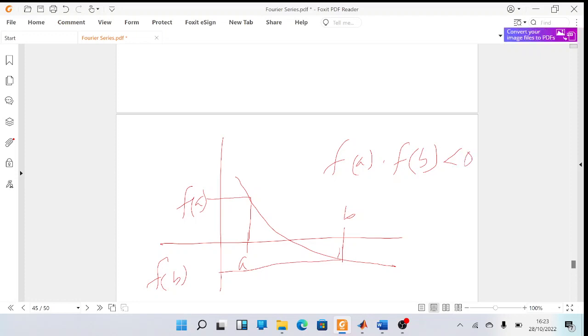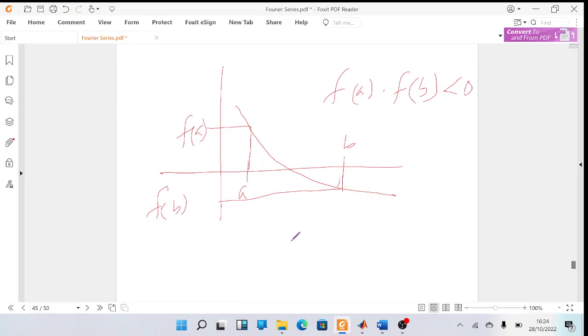So the intermediate value property says that if we can find points a and b such that the curve crosses the x-axis between a and b, then there exists at least one root of the equation f(x) = 0.